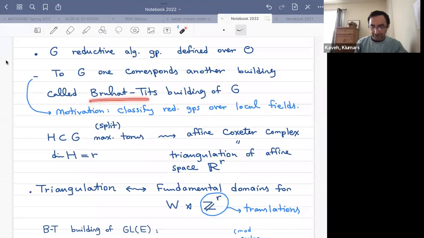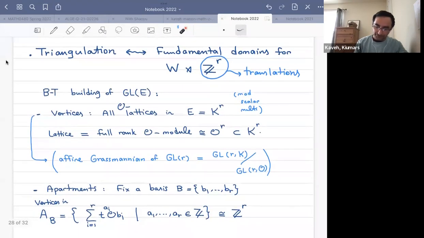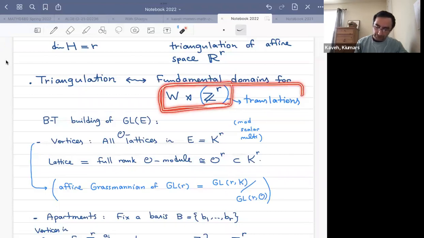The general definition, I do not have a good understanding of, but basically you have the cocharacter lattice for a maximal torus, and you can act by reflections coming from the Weyl group, but you can also do translations coming from multiplication with a uniformizer. And then you have an action of what they call the affine Weyl group, which is a permutation or reflection group, a semi-direct product with translations.